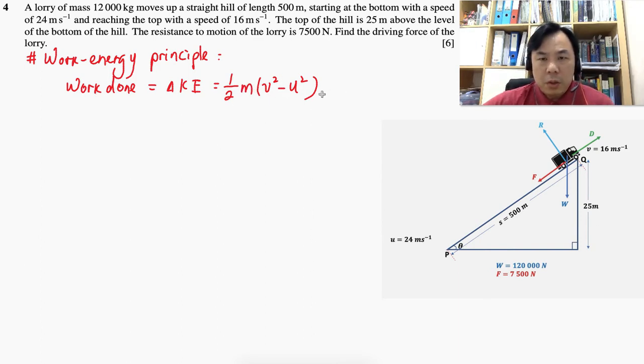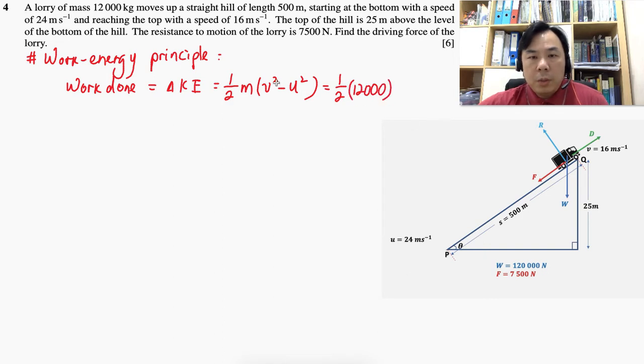So here I'm going to evaluate this value. We have 12,000, and then the final speed, and then the initial is 24. All right, so that would actually give us like 6,000 by the -8, and then by 40 here.